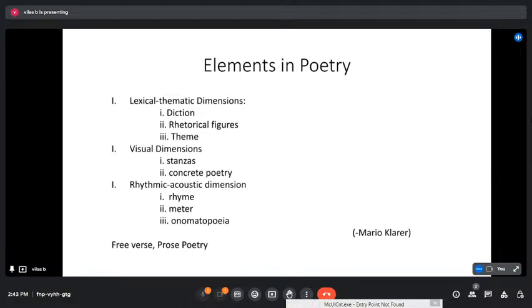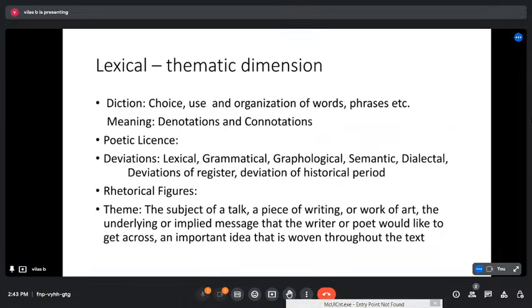Here, the third point, I'll discuss it a little later on, but we'll go ahead. Earlier, I had discussed the lexical and thematic dimension, so poetic license, and here the main point, that is deviation. See, rhetorical figure, and now deviations, how the words are deviated.